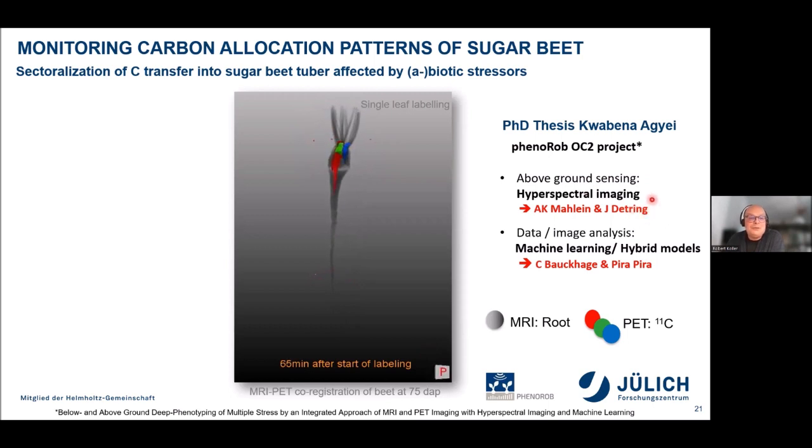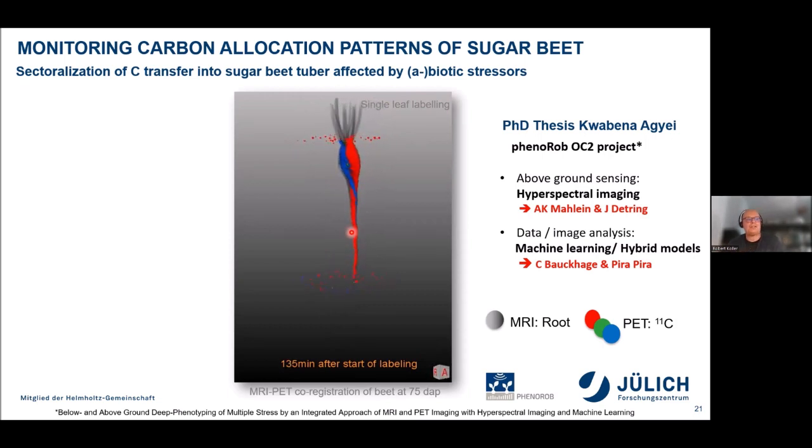So we are interested in the carbon allocation within a sugar beet. As you can see here, we labeled a single leaf, and these are 3 independent labelings, and you can see that the carbon allocation is not homogeneous within the beet of the sugar beet, but there are sectors in how the plant allocates the recently fixed carbon resources into the sugar beet.